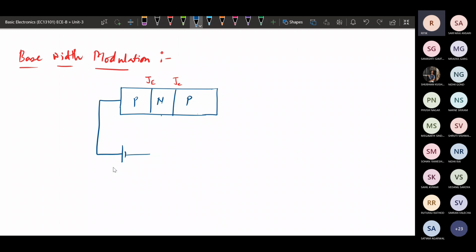So we will be connecting this way, and the collector junction is reverse biased. Suppose this is the emitter, base and collector, so this will be VEB and this is VBC.